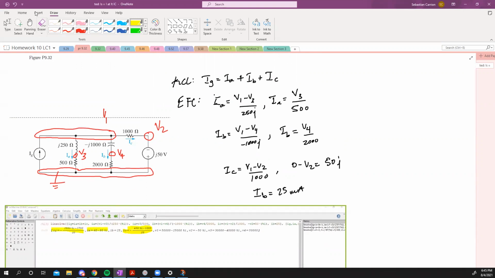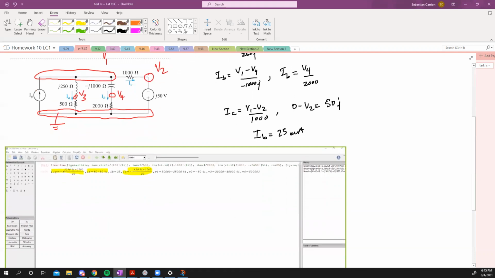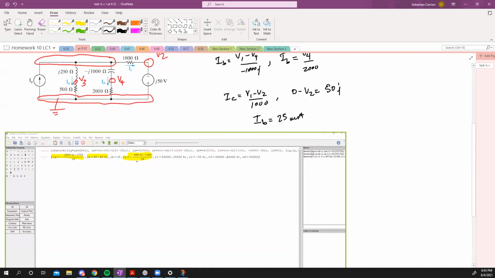I noticed while doing this problem that in reality this should be 2100 and this should be 500. But regardless, this value is also very close.